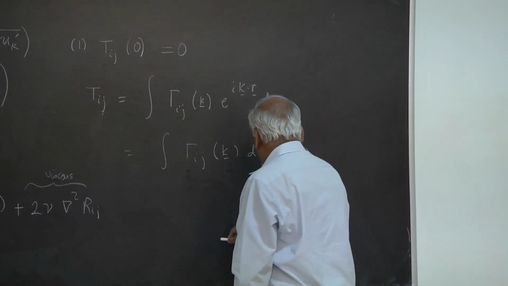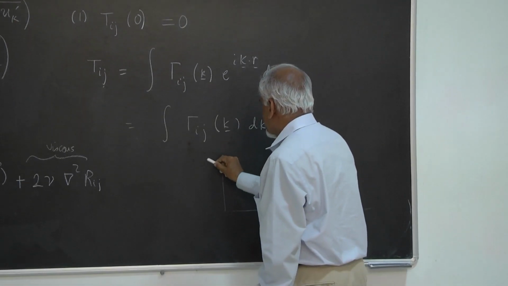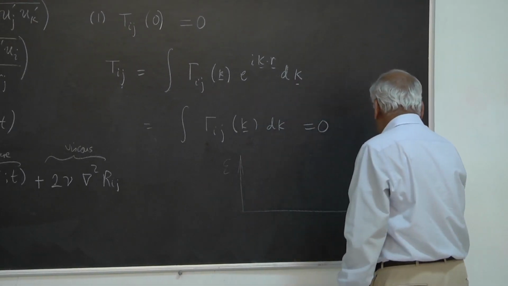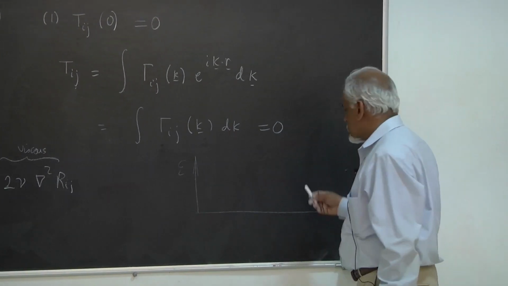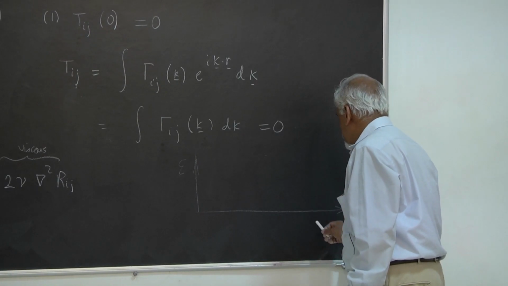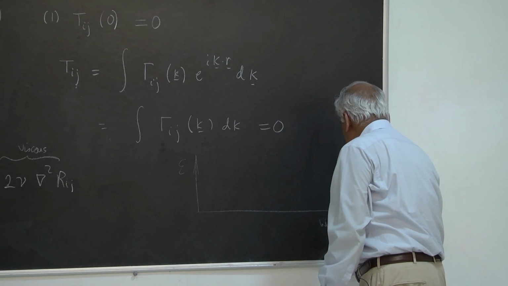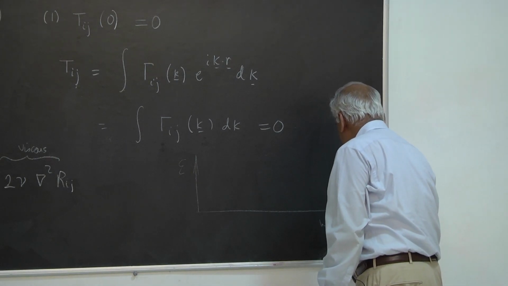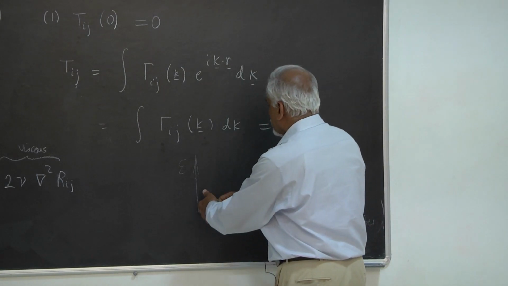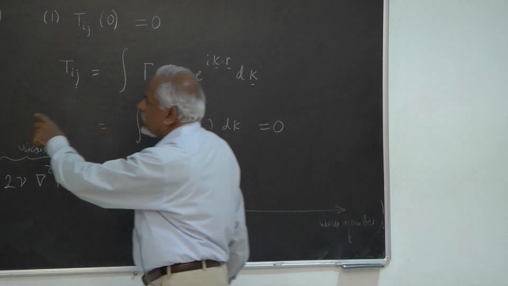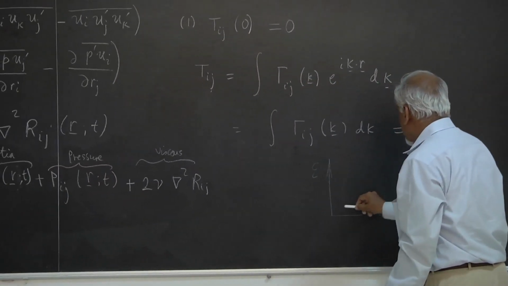That is, we were talking earlier about energy as a function of, I wrote arbitrarily frequency, but since it's a spatially homogeneous flow, you want the wave number k. And there is a nonlinear effect due to this term everywhere in the entire wave number space.